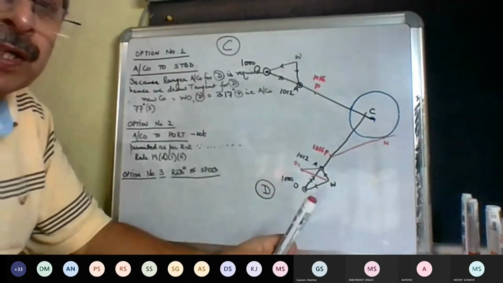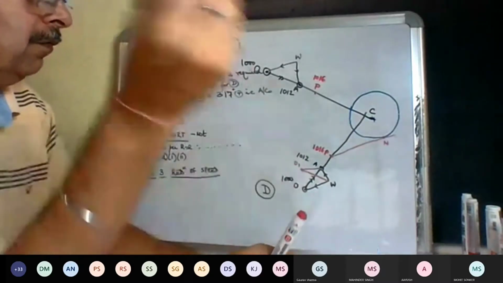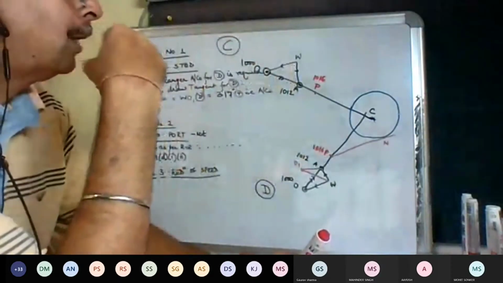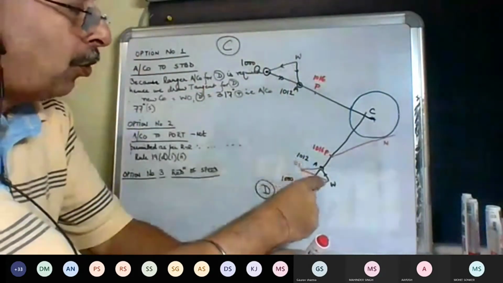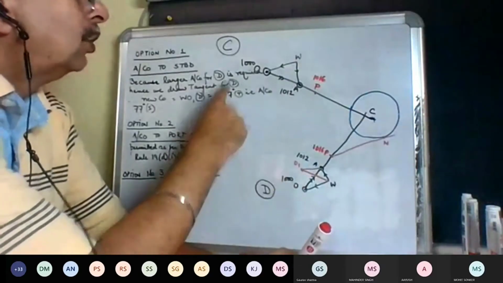Okay, having drawn this, now whatever we have done here, we have to do it on Charlie also and show that. So draw WO1 equal to 317 on Charlie.